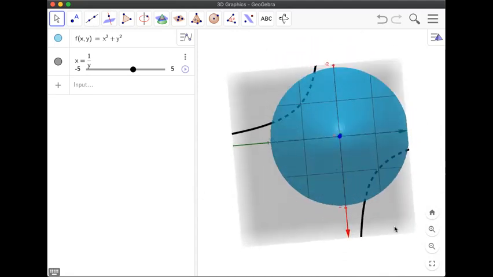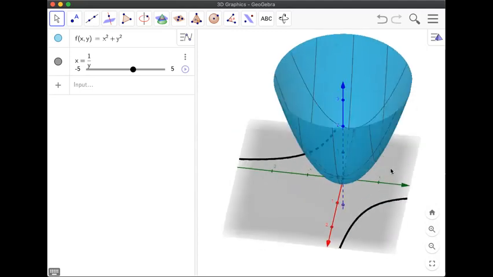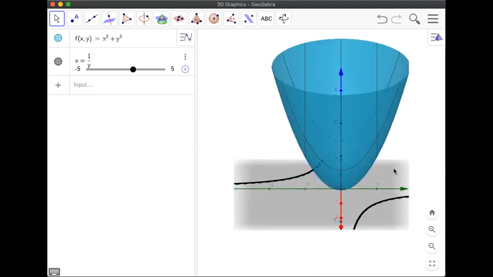If we look at the top view, how do we get this one? Maybe I'll try this one.